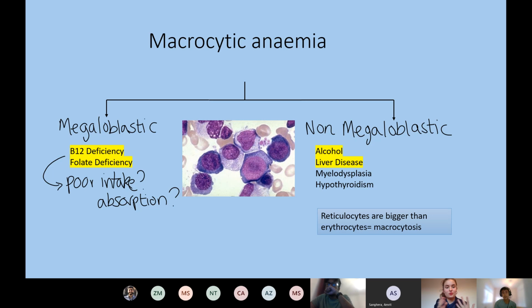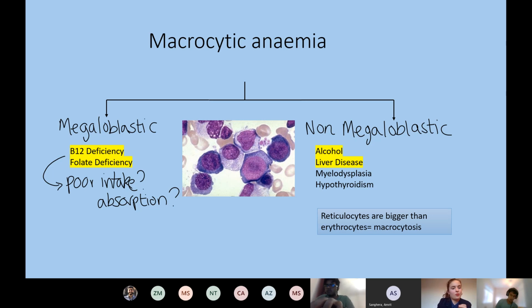So the final group of anemias is probably the simplest, and that's the macrocytic anemias. Basically, the cells are too large, and you want to divide these into: are they megaloblasts, which are enlarged cells, but enlarged because of rubbish DNA synthesis, or are they just big because it's the cell membrane that's enlarged?